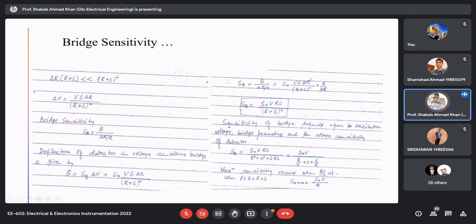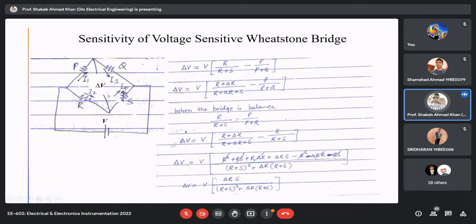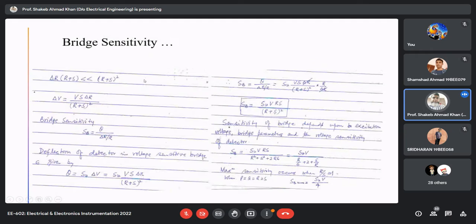Here in the detector case, the voltage is the input and the deflection is the output. And in case of the bridge, the resistance change in the unknown resistance arm is input, and theta is the output deflection in the meter.